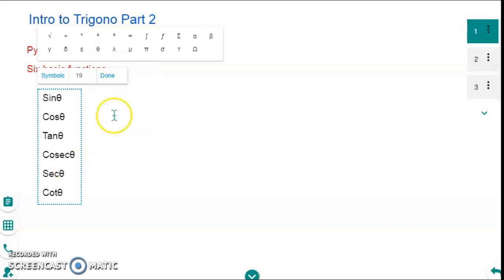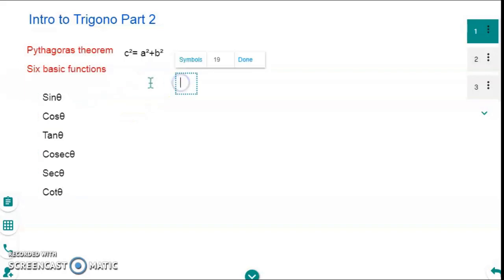Now, if you remember how to find these values, we had created a mnemonic, and the mnemonic was called Kato.